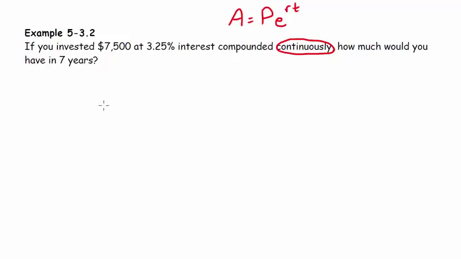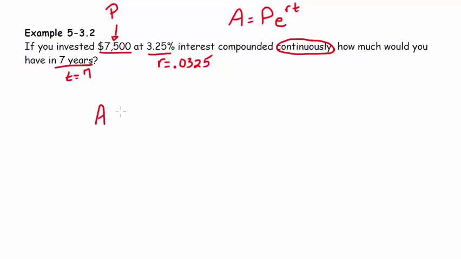Our initial investment, P, is $7,500. Our interest rate as a decimal is 0.0325. There is no N here because there is no fixed term when I'm paid. However, T is 7 years.